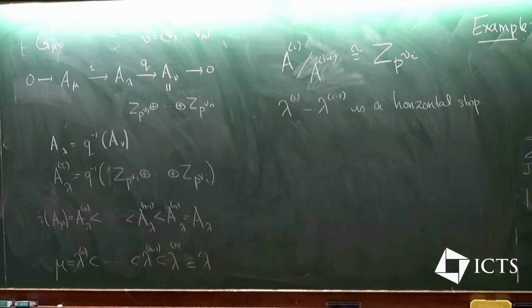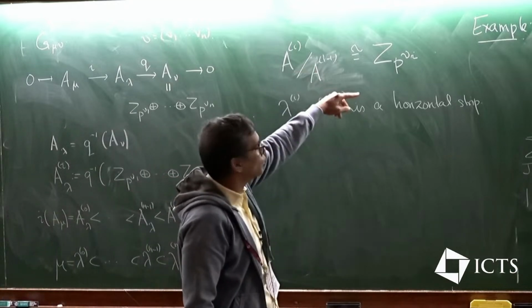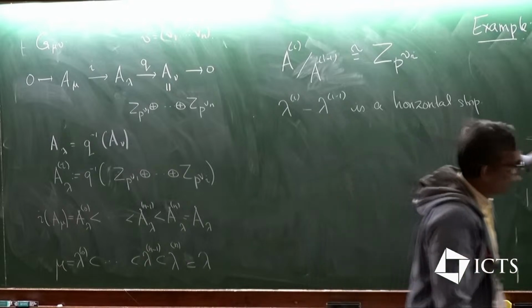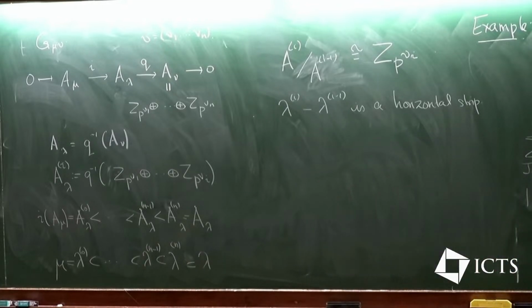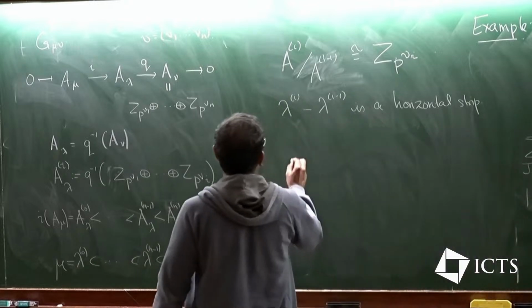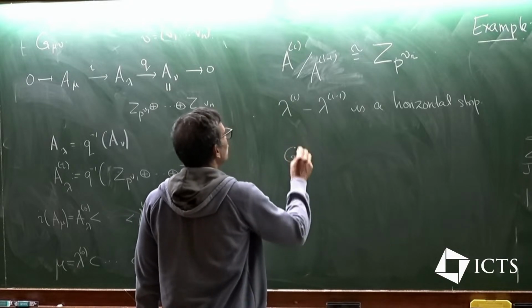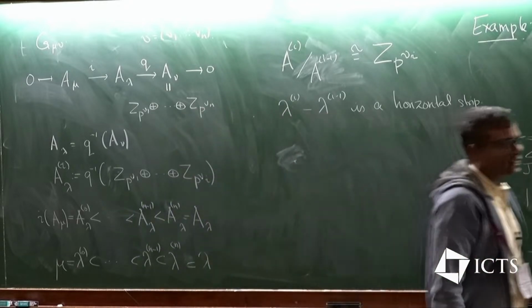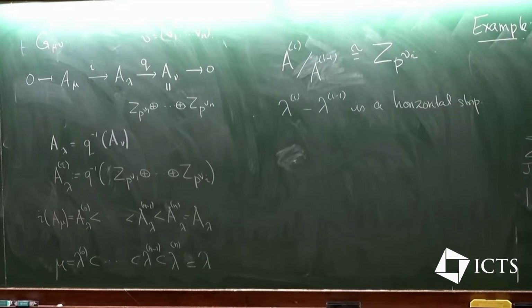Because you can't have a subgroup with a cyclic quotient. Maybe I'm using the commutativity of the Hall algebra there, because now the quotient is cyclic rather than the subgroup. Maybe I was careless about it, but what we proved, using our orbits of subgroups, is that if you have a group and you have a cyclic subgroup, then the type of the quotient is obtained from the type of the original group by removing a horizontal strip.